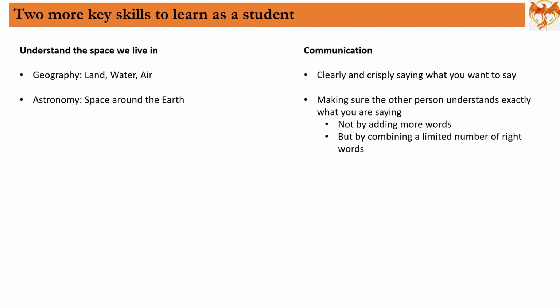Moving forward, there are two more very critical sets of skills I think students need to learn to become fully ready for their jobs once they complete college. One is to have a very good understanding of the space you're living in. So the land, water, air, the continents, the countries, what is available where, right? What are the kind of people?